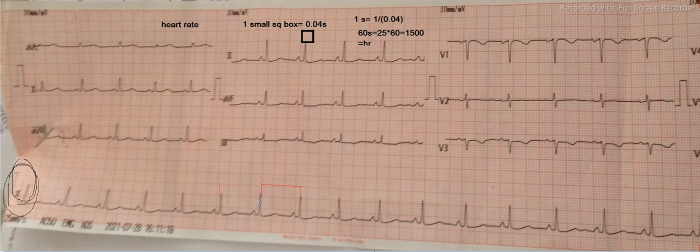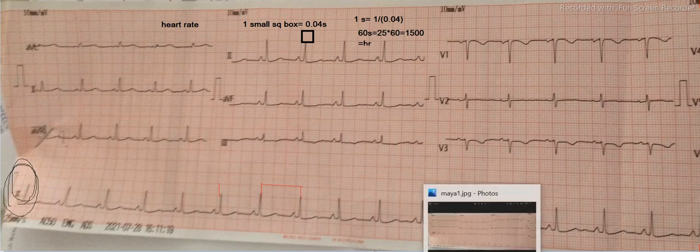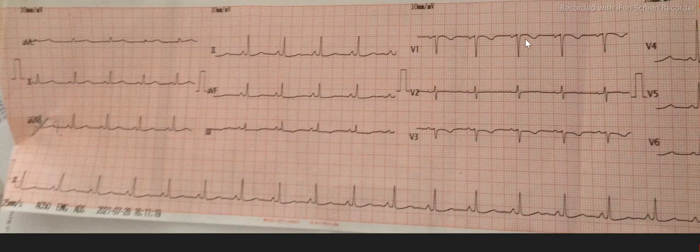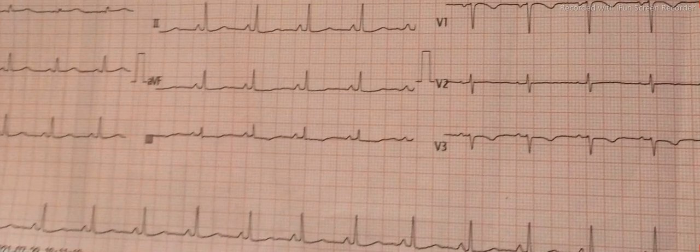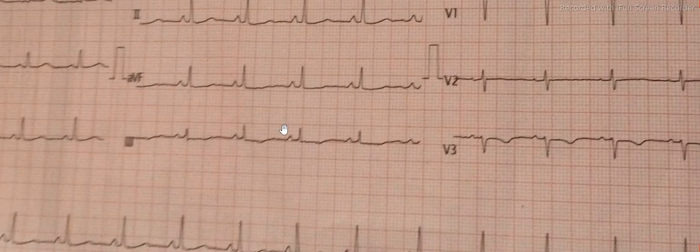The image is a little blurred, but supposing it falls exactly on this line, it will be 5, and here 10, 15, and less than midway, two small square boxes could be occupied. Let me zoom in. It's still unclear, but it is occupying two small square boxes, pretty sure. It could be 2.5. Okay, let's assume 2.